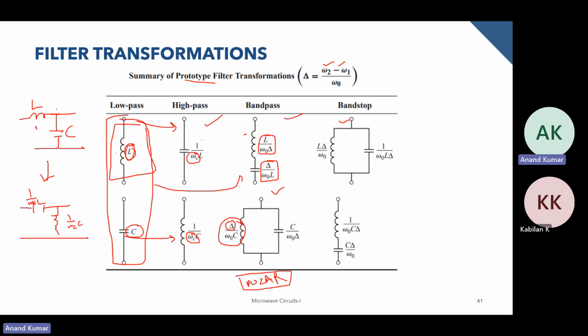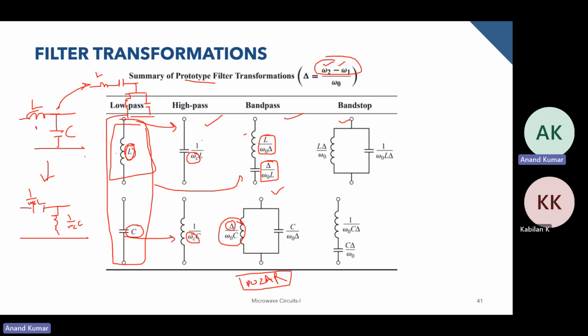And if you wanted to change this low pass to a band pass, then you must know the bandwidth, and then you can change this inductor to an inductor plus capacitor, and this capacitor to an inductor and capacitor, something like this.